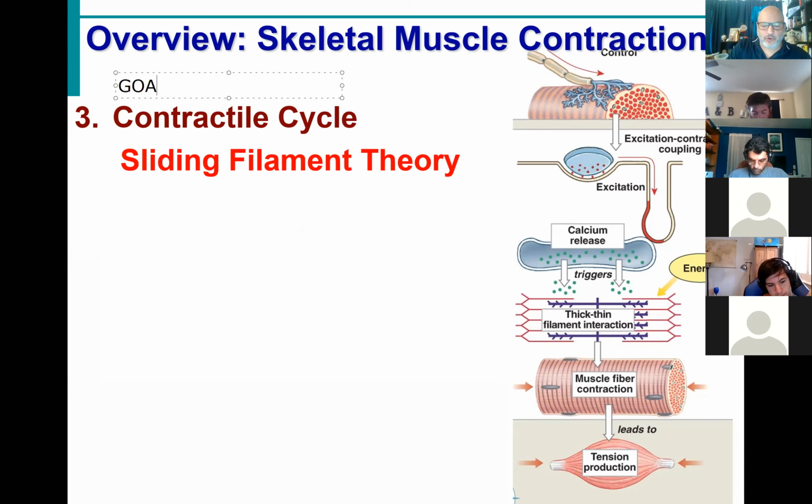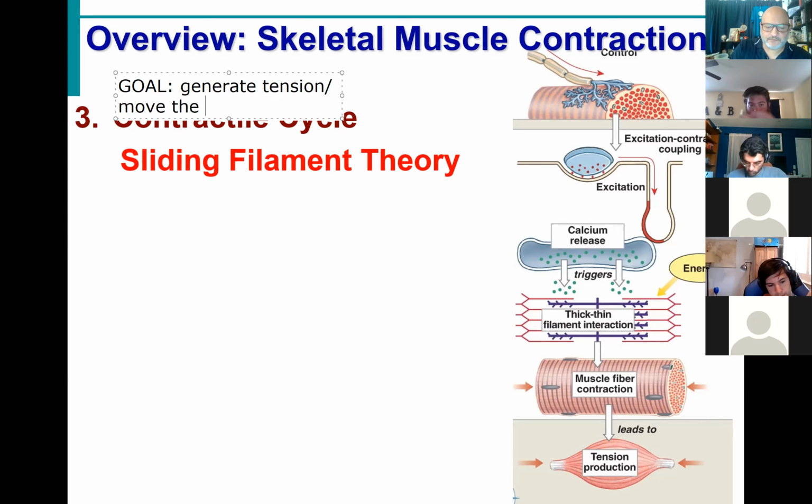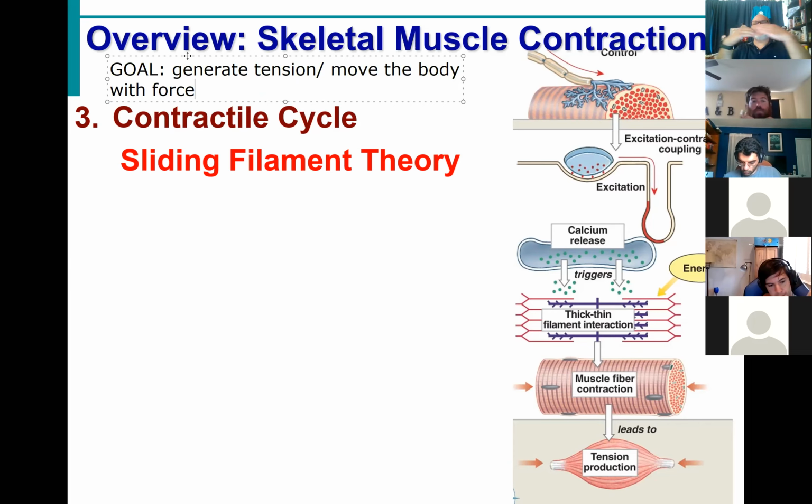Of course, our goal here is to generate the tension, move the body, with force. And this occurs, as we'll see, from myosin and actin sliding over the surface of each other, which is why it's called the sliding filament theory, but also contractile cycle, because what does the term cycle tell you?